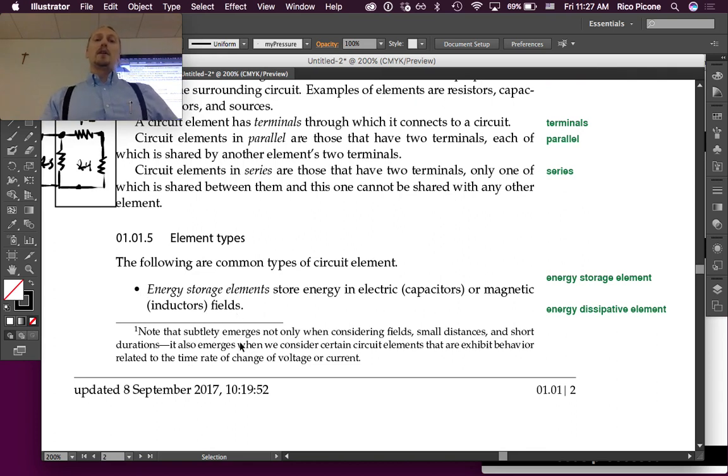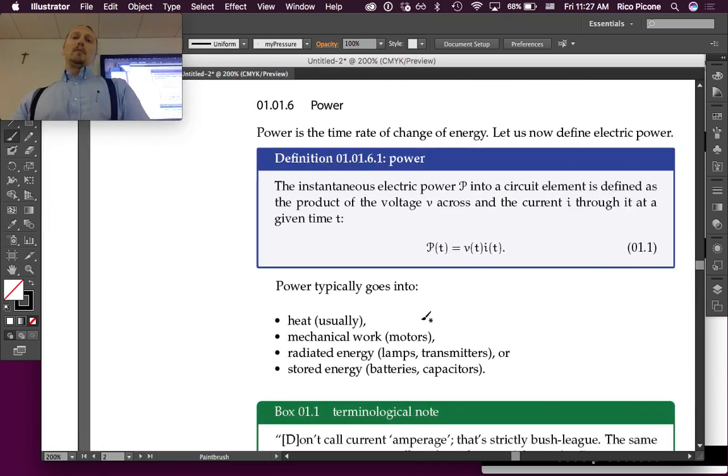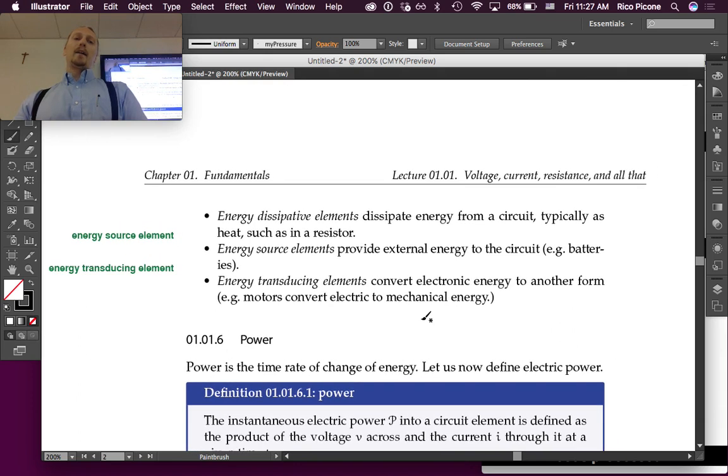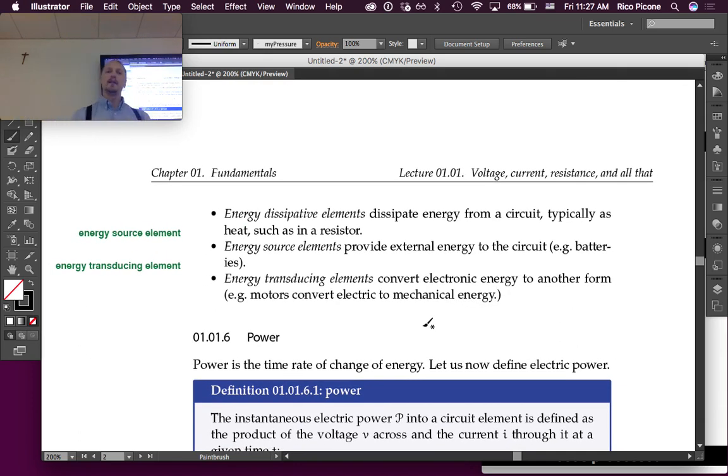Energy storage elements store energy in electric or magnetic fields. Capacitors store energy in electric fields, inductors in magnetic fields. We'll talk more about those. Energy dissipative elements dissipate energy from a circuit, typically as heat, such as in a resistor.